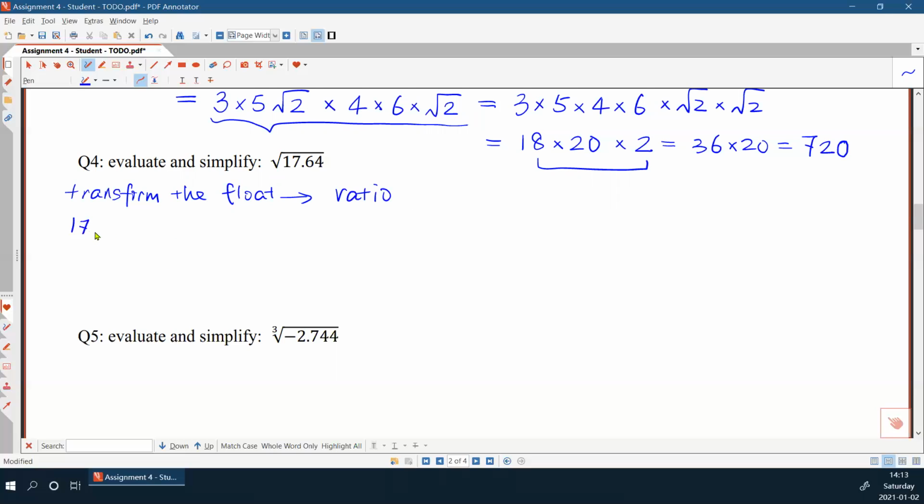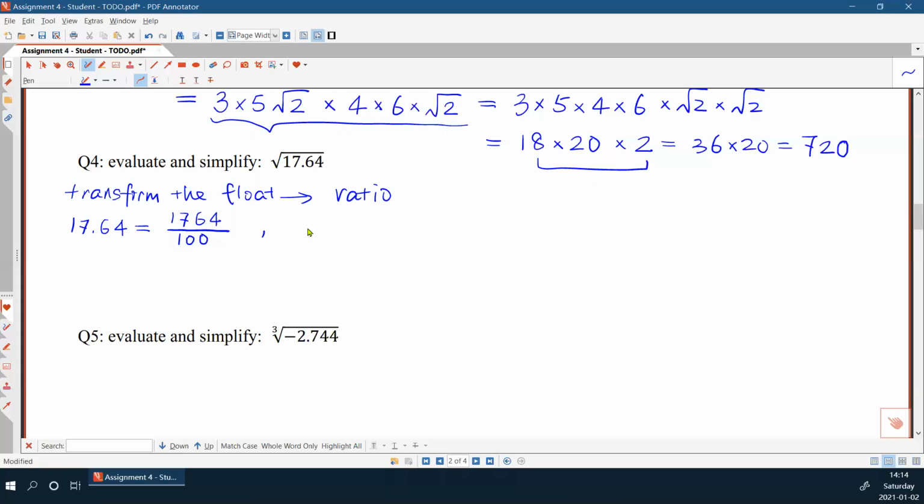It can be noted that 17.64 is 1764 over 100, right? So when you put a square root here, 100 is a perfect square, so we can put it out of the square root, right?